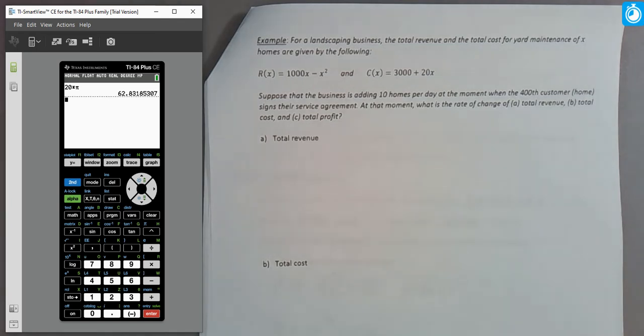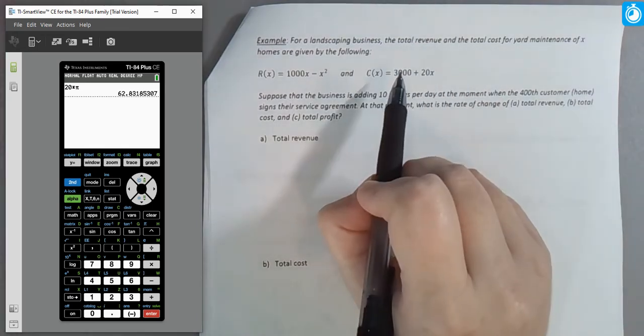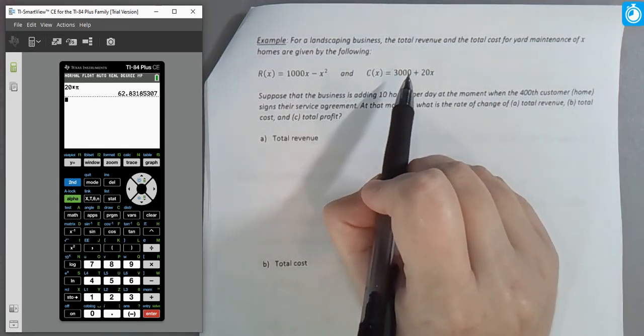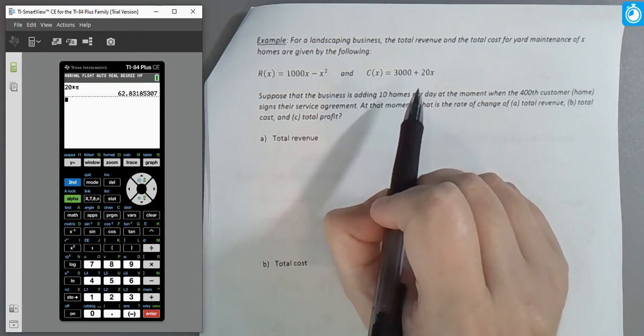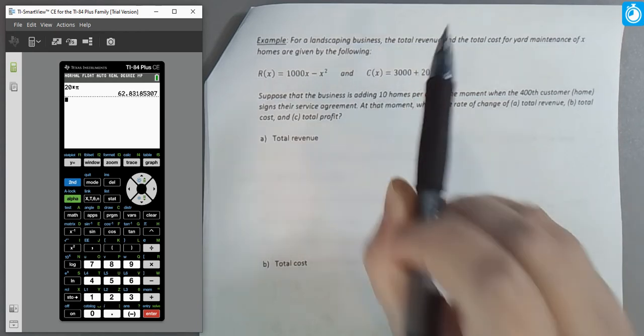So the revenue function is 1,000x minus x squared, and the cost function is a linear cost function, is going to be 3,000 plus 20x. So what we could say about the cost is that there's $3,000 worth of fixed cost, and for each yard we take care of, it's $20 worth of cost.